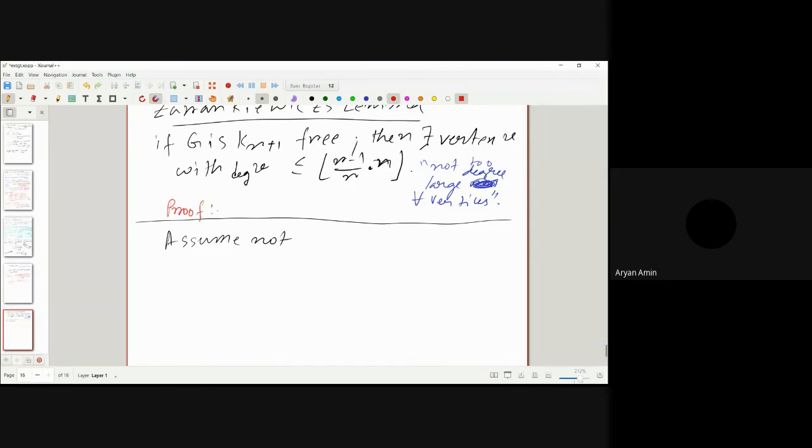I'll just write d(v) instead of degree every time. So d(v) is always greater than, let's say this quantity is x, for all v belonging to V. So this is given to us. Now pick any vertex v1. You know that it has a neighbor v2.